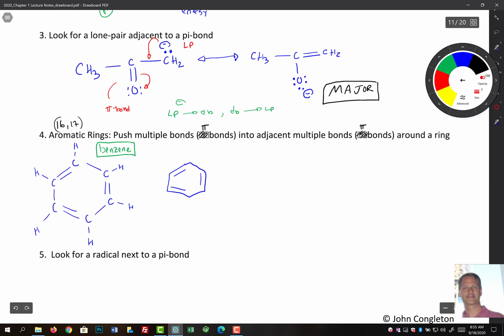But these electrons are all kind of in resonance with each other. So we could take this and move it over to right here. And then we have to move this one. It's kind of like dominoes that keep falling over and affecting the atom next to us. So it's a domino effect there.